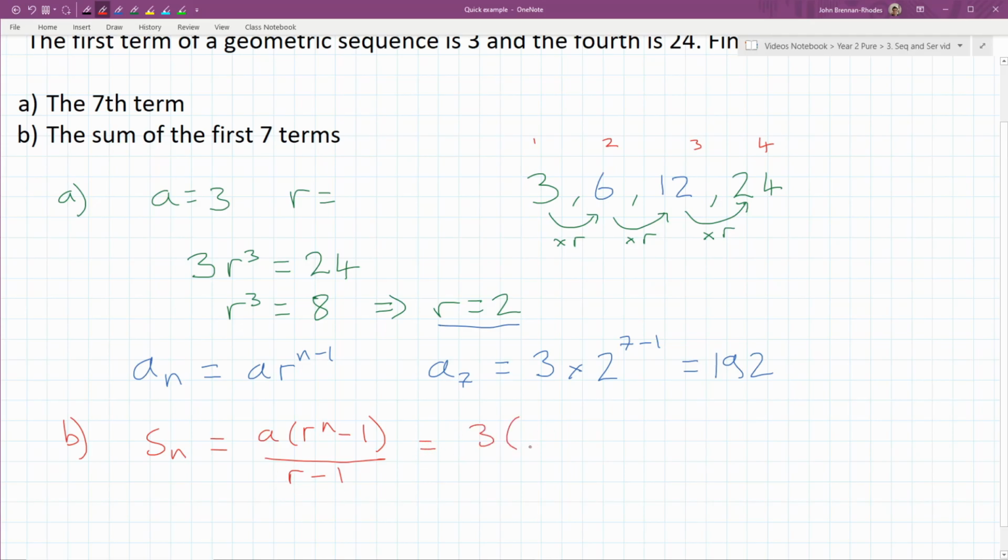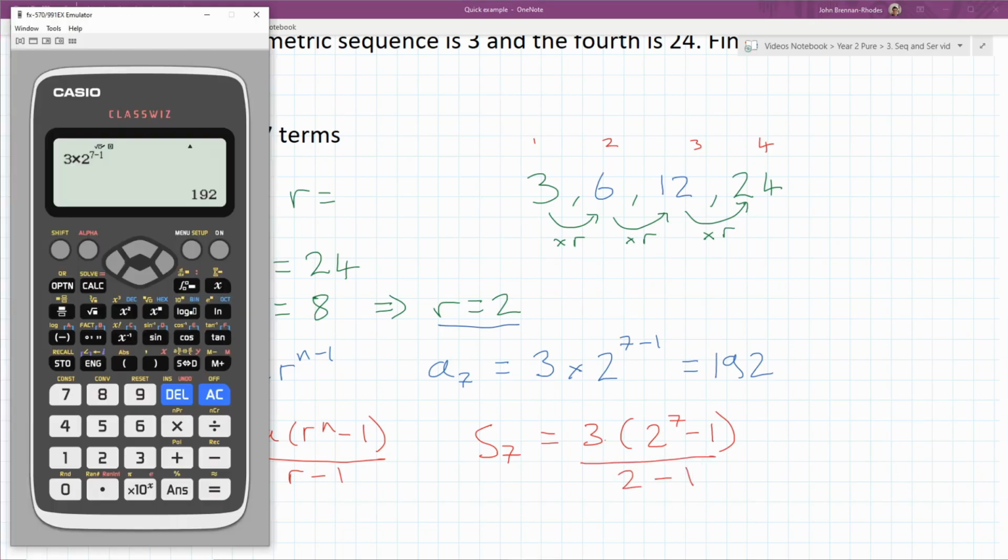So I'm calculating S7. S7 is equal to 3, open brackets, 2 to the power of 7, minus 1 over 2 minus 1.